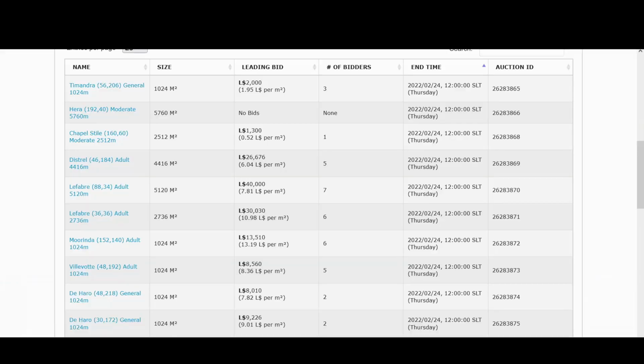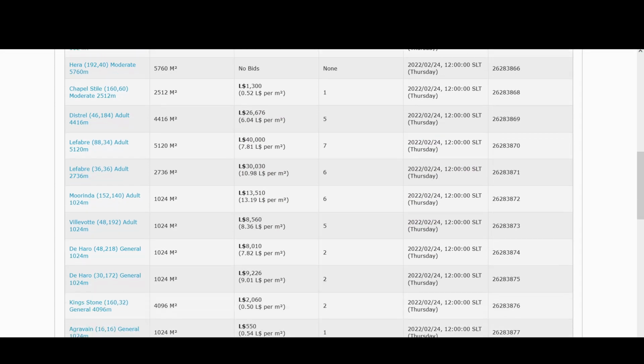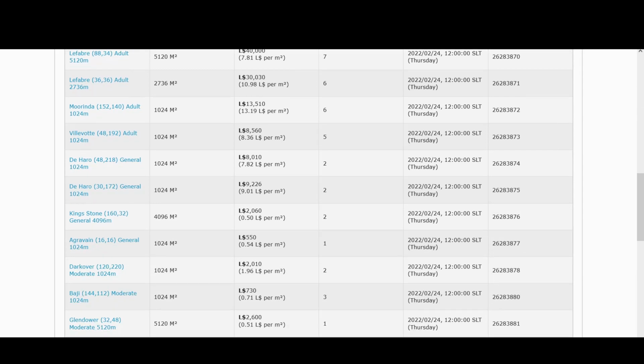As you can see, the number of bidders for most of these are going to, especially if you're looking for adult land, are going to be pretty rough. I'm surprised to see this general land so expensive. I'm surprised to see that.